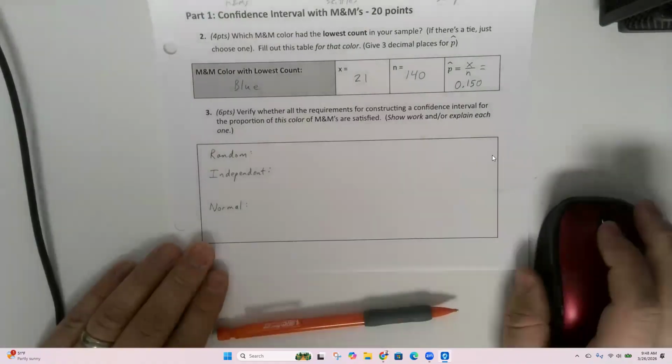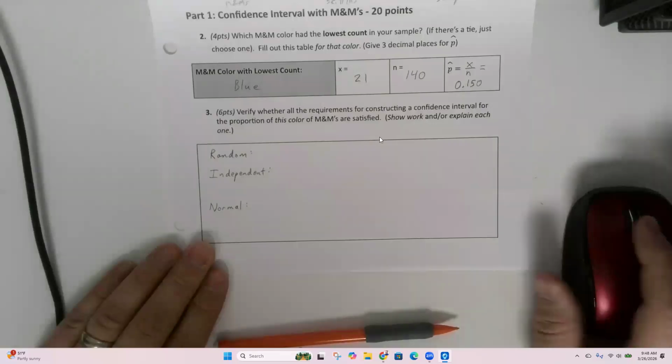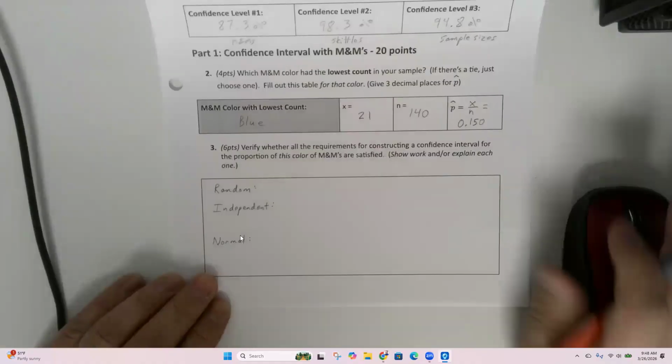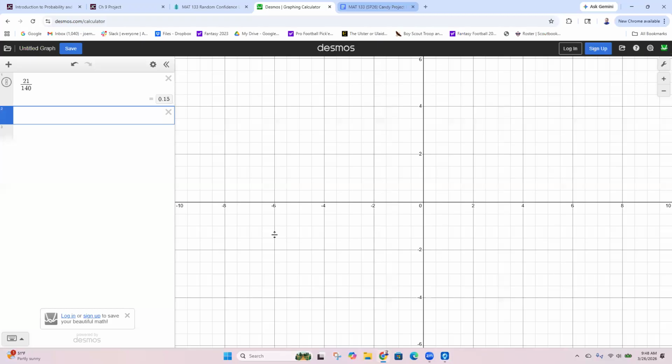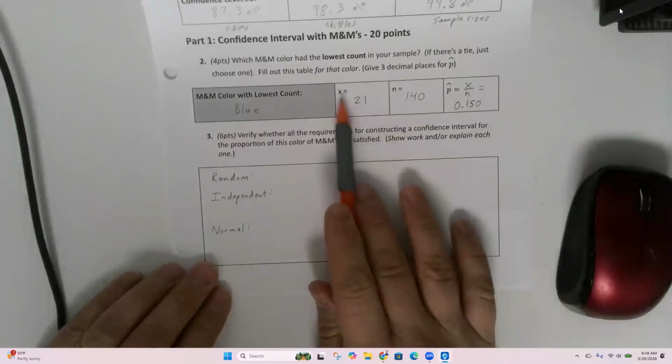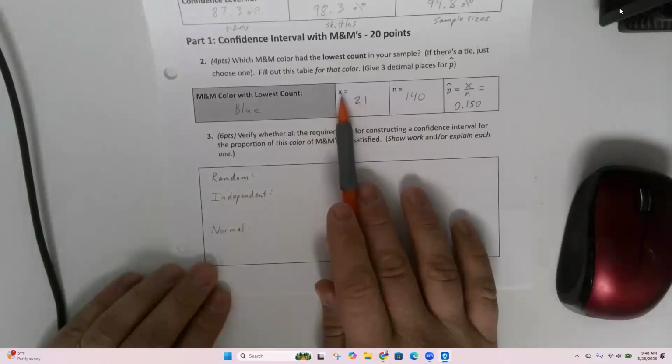Okay. So Caleb's got a question. Was X the lowest number? In my M&Ms, you're going to find whichever one is the lowest. My lowest number was 21, and it was for blue. If yours was a different color, that's totally fine. You just write that number. Now, is X always the lowest number? No. You'll remember X is the event that you're looking at.